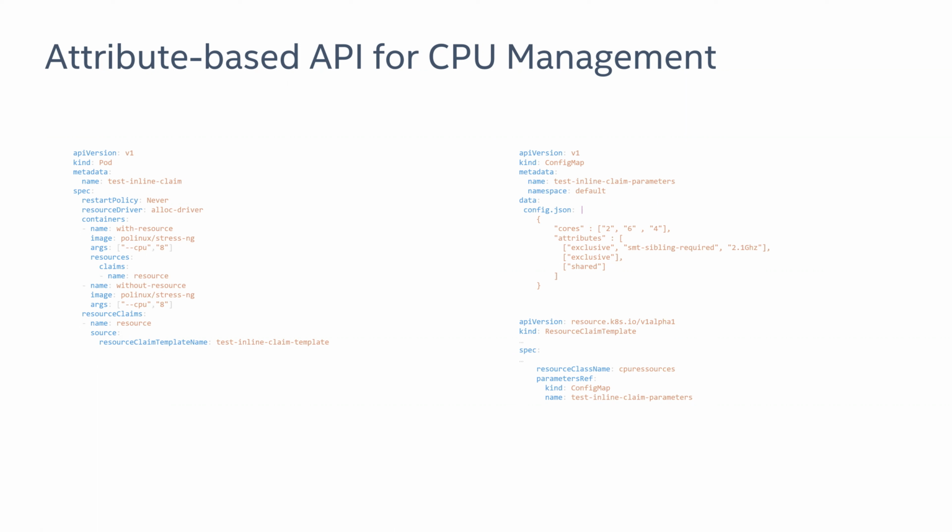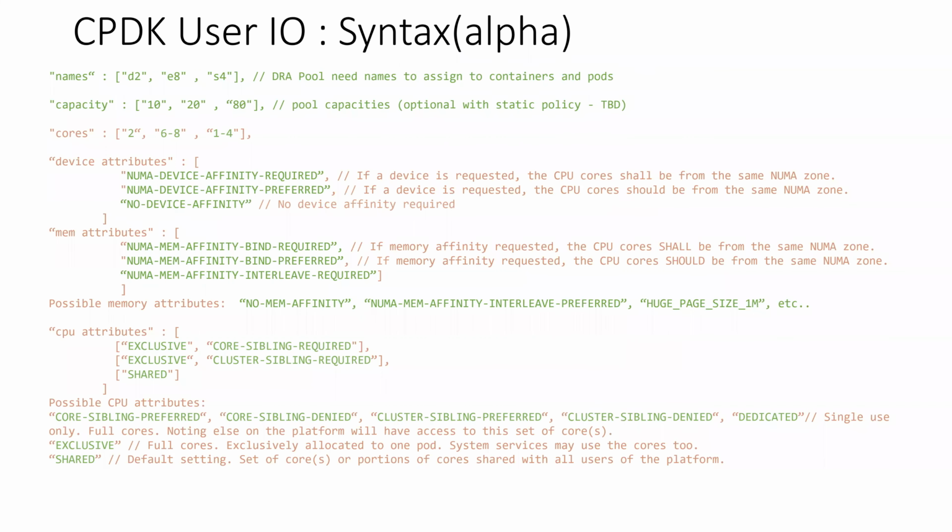But also as part of the KEP, we got some questions regarding what is to be spec'd out in such a JSON or CRD format. And here I have a little bit more information. We try to define it a little bit better. So we are thinking similar to DRA, we have some sort of names or identifiers.